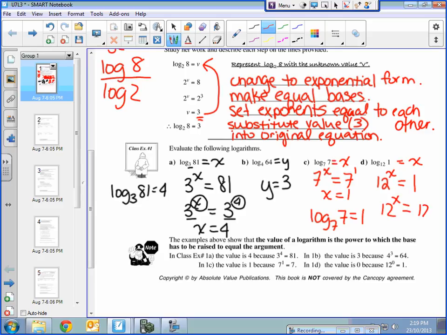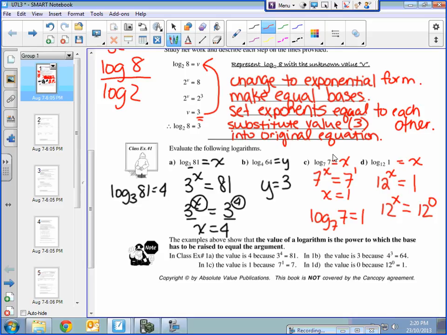I need to write this as 12 to something. If it's equal to 1, what exponent can I set something equal to so it gets to 1? 0. Anything to the exponent 0 is equal to 1. That's a rule you guys have to remember.